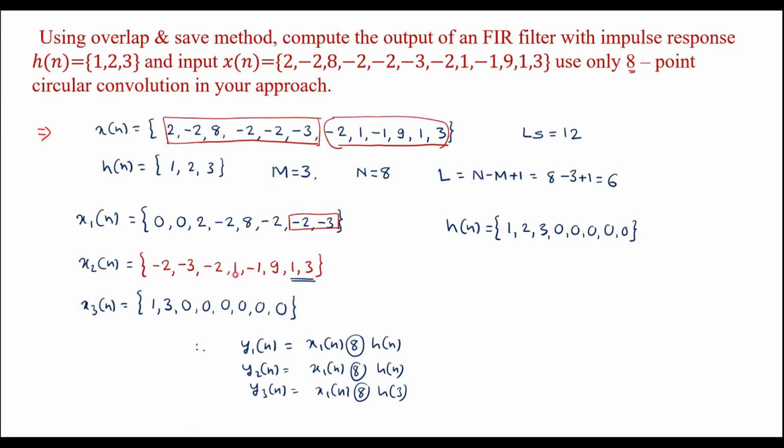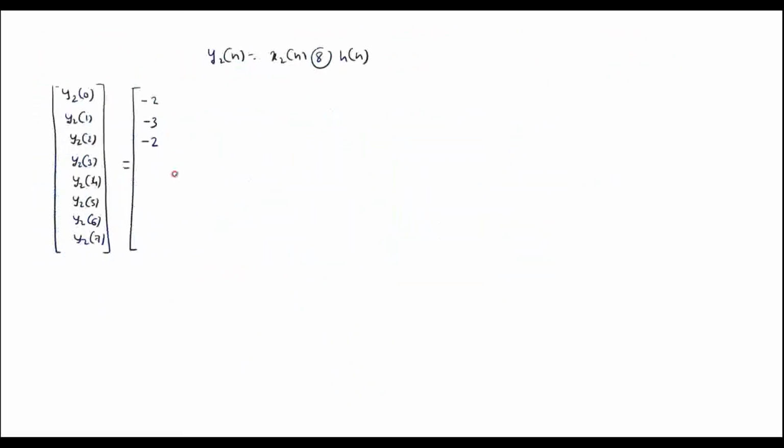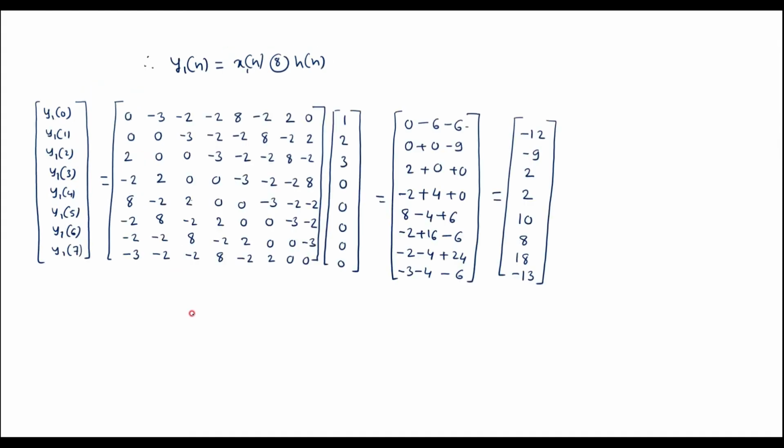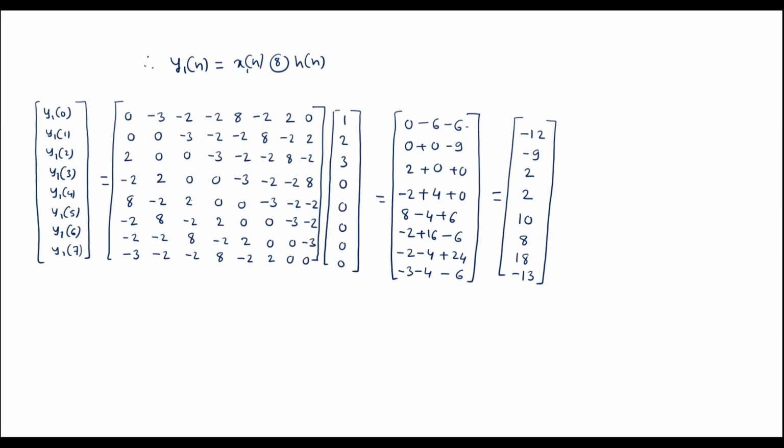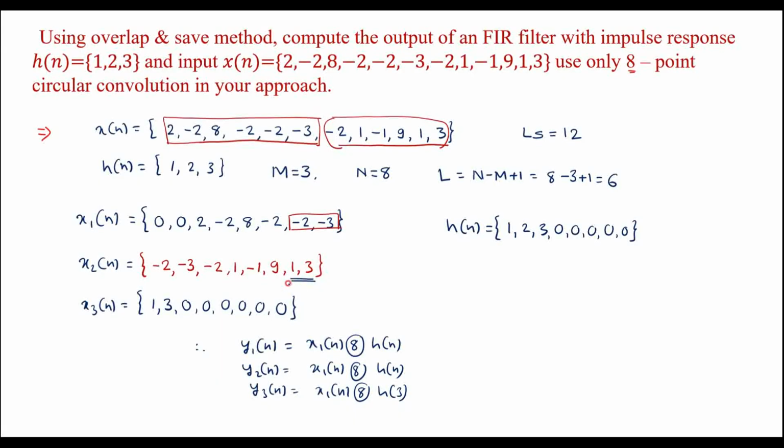Then we have 1, minus 1, 9. Then we have 1, 3. So now horizontally write the same sequence in reverse order.